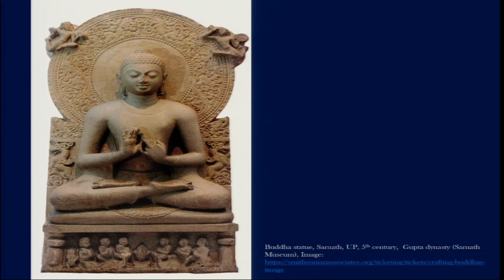Then at the bottom register, there are devotees, and there is the wheel of law at the center, and two deer on the two sides flanking the wheel of law. These are the signs which commemorate his first sermon in the deer park in Sarnath.